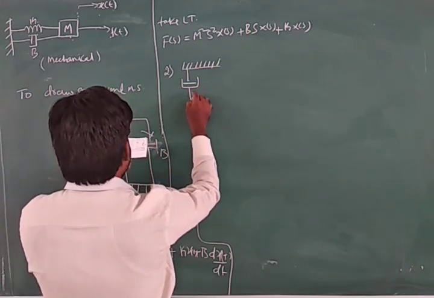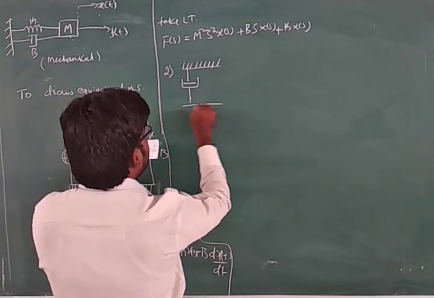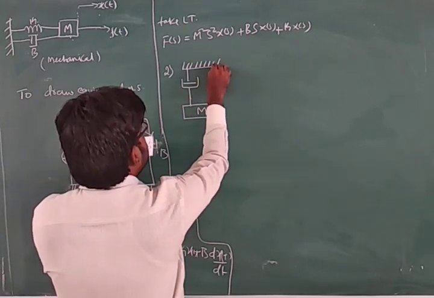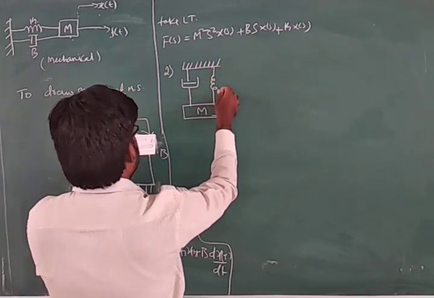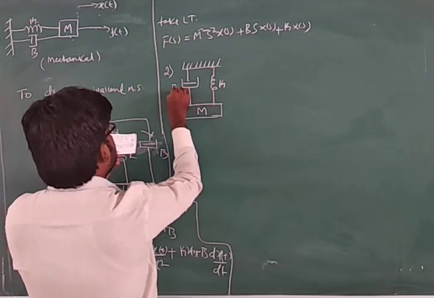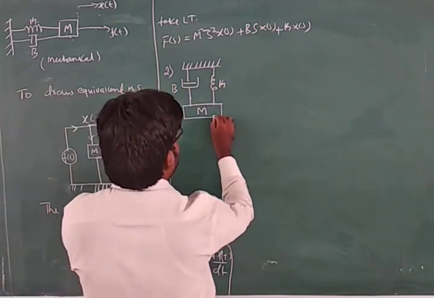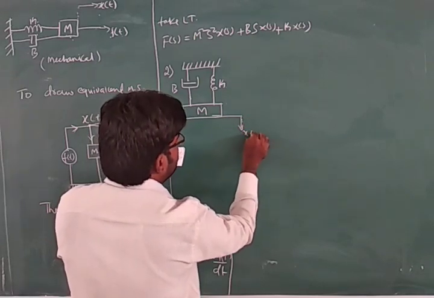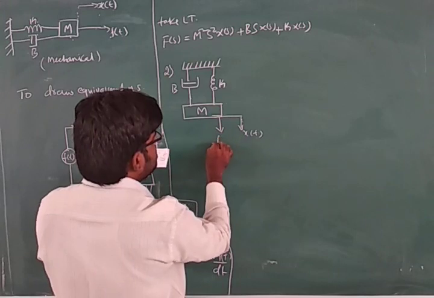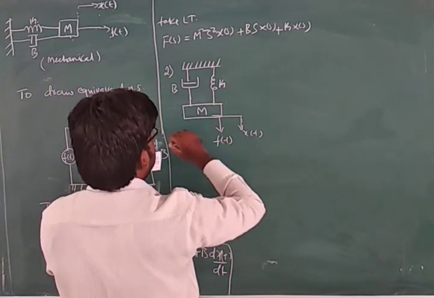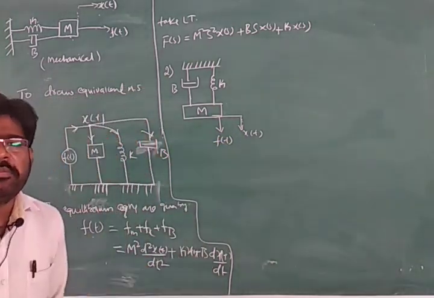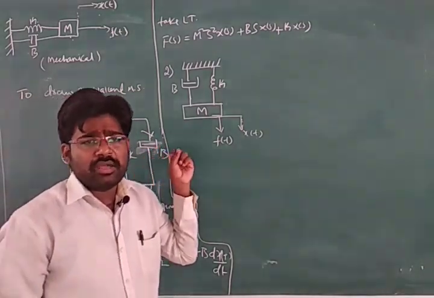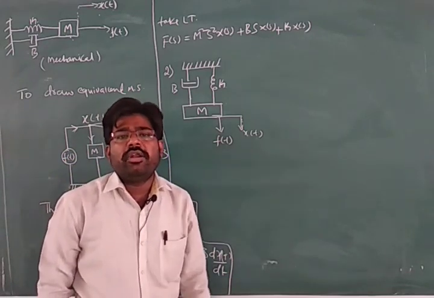So this is dashpot, it is connected to mass here, then this is spring K and B, and displacement is taking place like this, and you are applying the force in this direction. This is F of t, this is B, this is K. So this is one more problem here. Again he asked you to find out the equilibrium equations and also to draw the equivalent mechanical system.